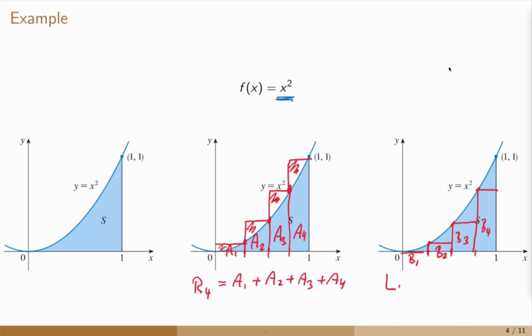And then I call L4 to be the area B1 plus B2 plus B3 plus B4. Again, I'm making a mistake because there are bits of pieces of the area which I'm missing. But let's not worry about this for now. Maybe it goes away. So R stands for the right endpoint of an interval is on the curve, L stands for the left endpoint is on the curve.